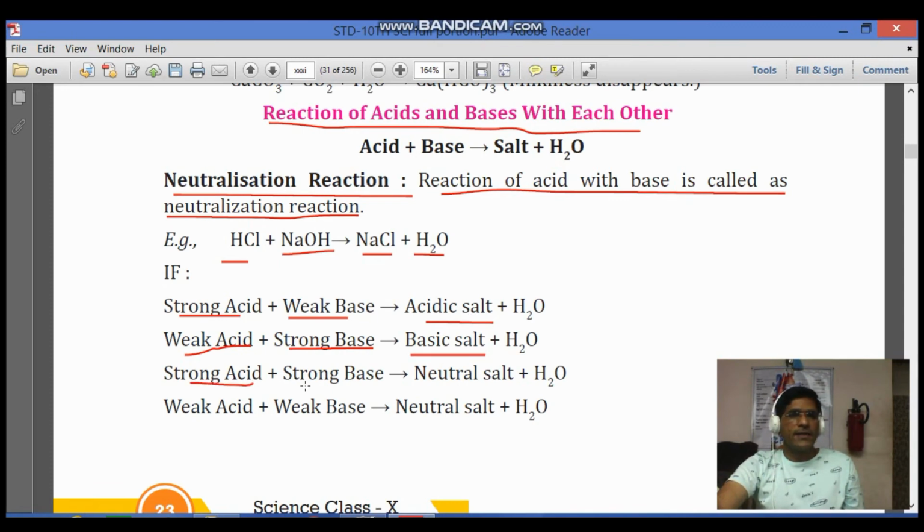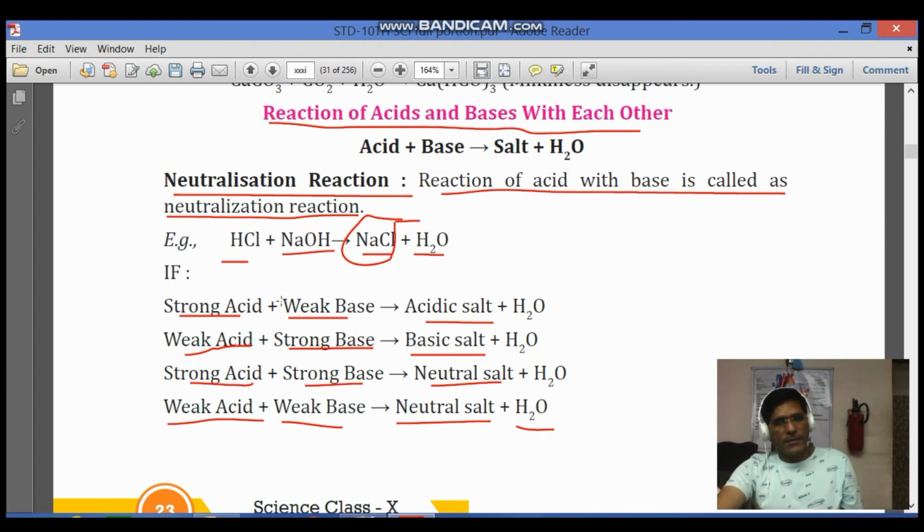When strong acid and strong base react, it is called neutral. NaCl is neutral, so it is eatable. That is why we use it in our kitchen. When weak acid and weak base react, again it is a neutral salt, and the product is H2O.